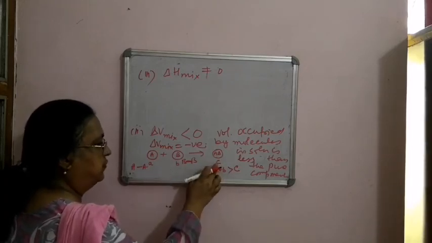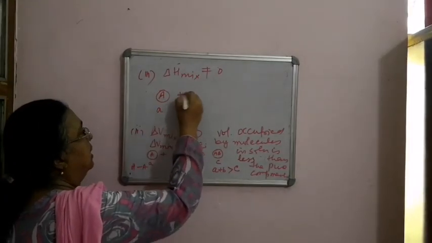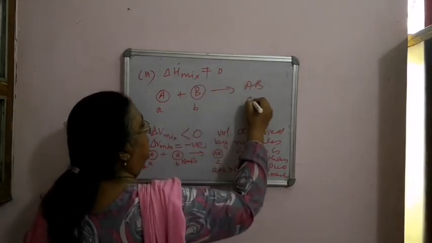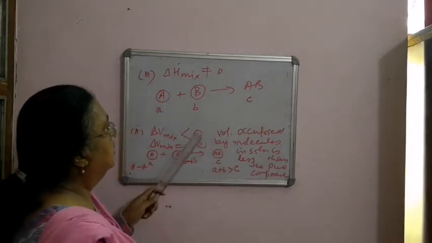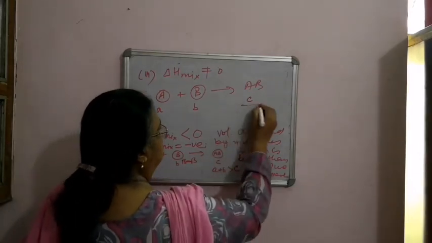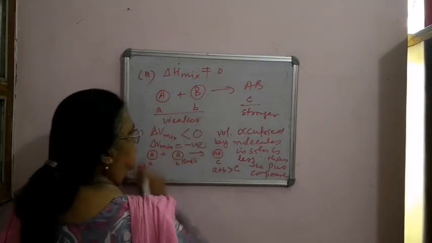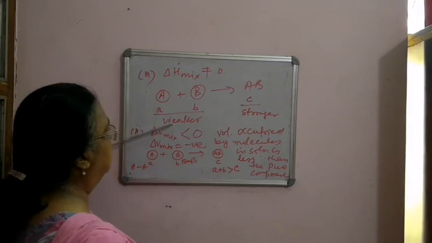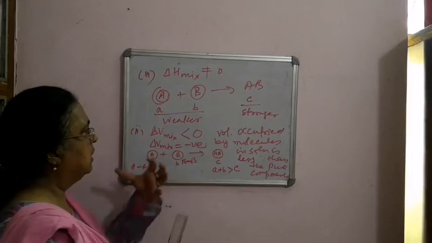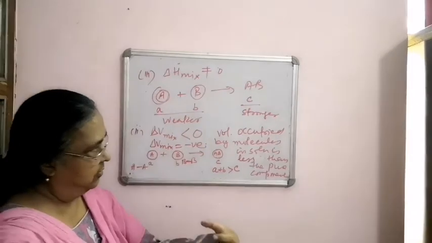A has interaction force A, B has interaction force B, and AB has interaction force C. This C is stronger, and the others are weaker. When A molecules get departed, they will absorb less energy. B molecules are weaker, so they will absorb less energy.